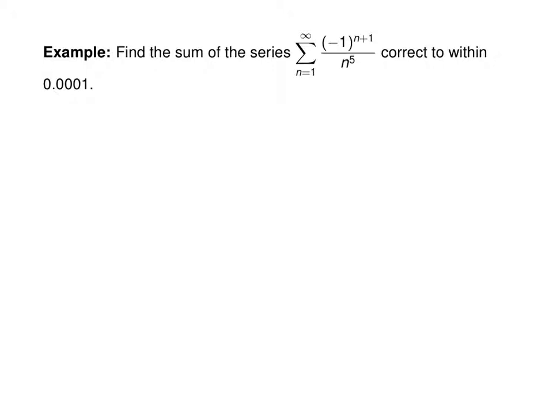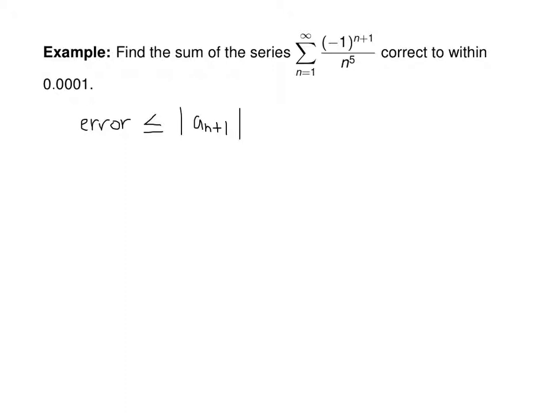And with the alternating series test, we also had a great way to estimate the error. In this case, the error is less than or equal to the absolute value of the next term you leave off. So we want to find the sum of this series to within 0.001.